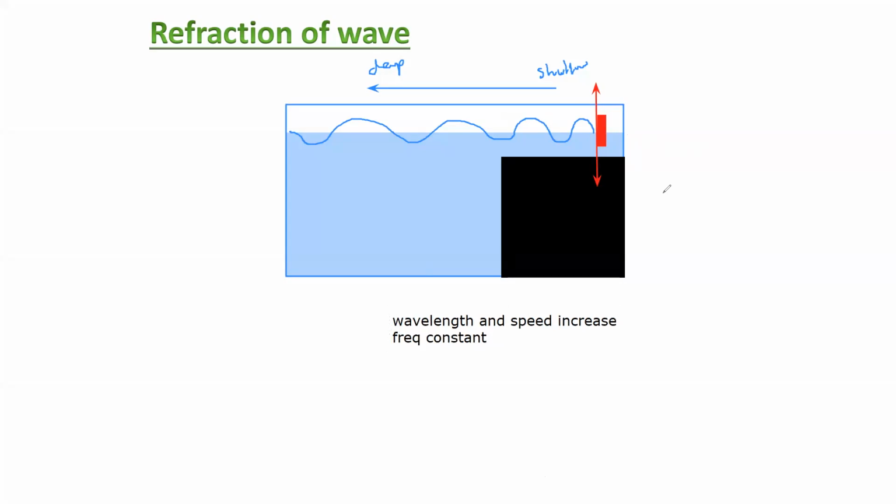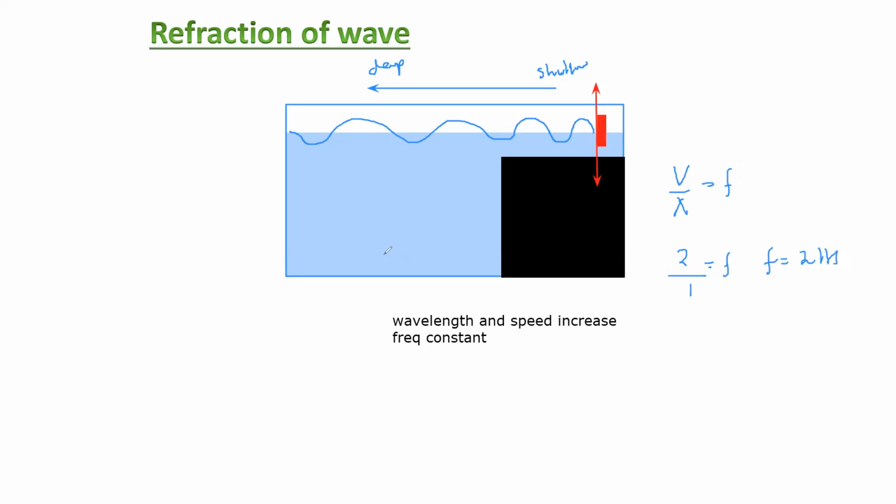Because you have the formula V divided by lambda is equal to F. So V is the speed. Say speed was 2, the wavelength was 1, so 2 divided by 1, frequency was 2 hertz.